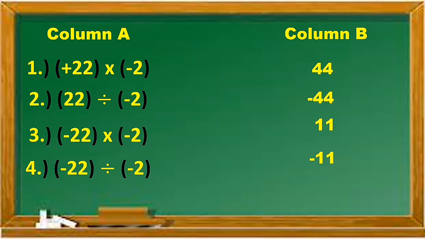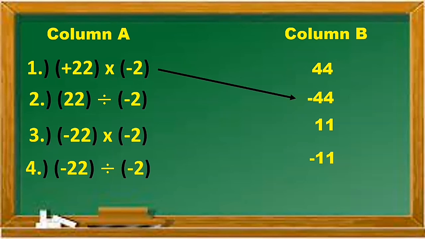What do you think is the answer? Great, it is negative 44, because 22 times 2 is 44. And then we have unlike signs, which is positive times negative. Based on the rule, if we have unlike signs, the answer is negative.